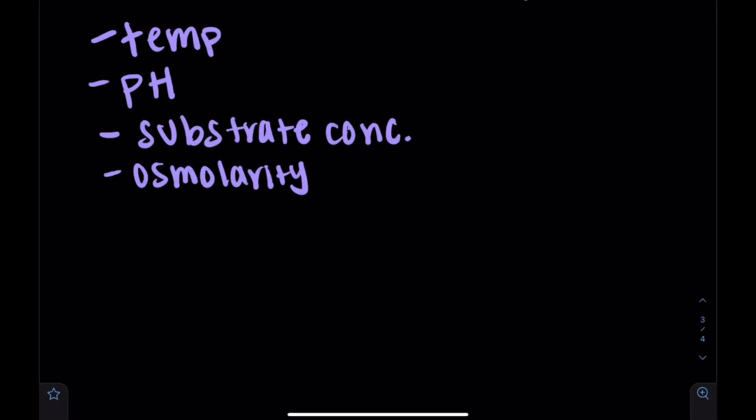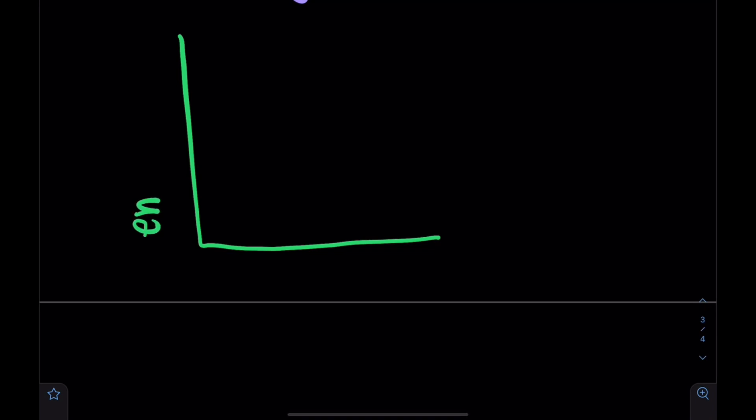Okay, so first let's go ahead and talk about temperature. So temperature can help increase the rate of a reaction, but only up until a certain point. So let's go ahead and I'm going to draw a graph here. So this here is going to be enzymatic activity. And our temperature is going to be here.